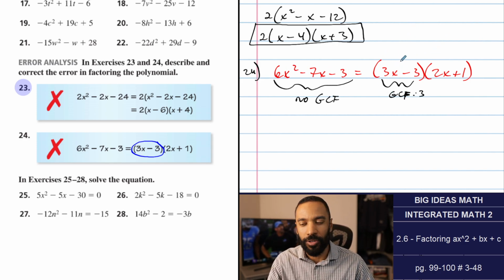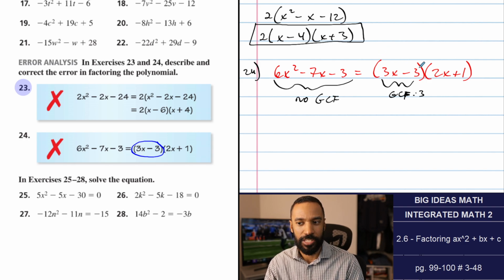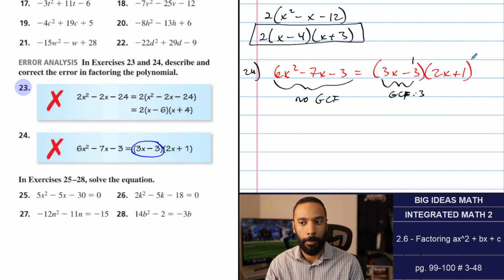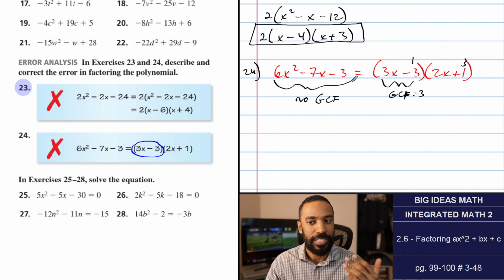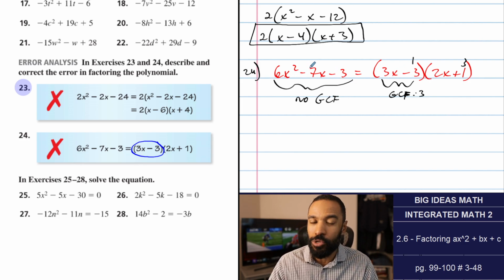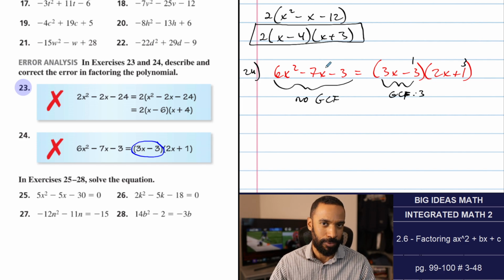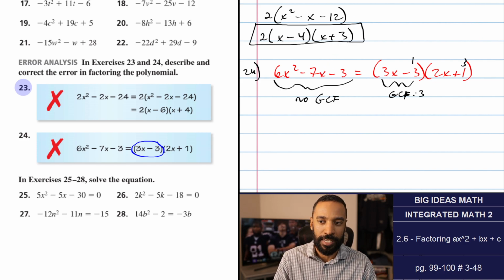That's not possible. That's why whenever I'm testing things, I'm not going to put the 3 here. I'll put the 1 here and the 3 here, which could be the answer, I have no idea. But I'll put the 1 here and 3 here because you can't put something to give it a GCF when it didn't have one to begin with. And if it did, you should have already factored it out. It should have factored out to begin with.